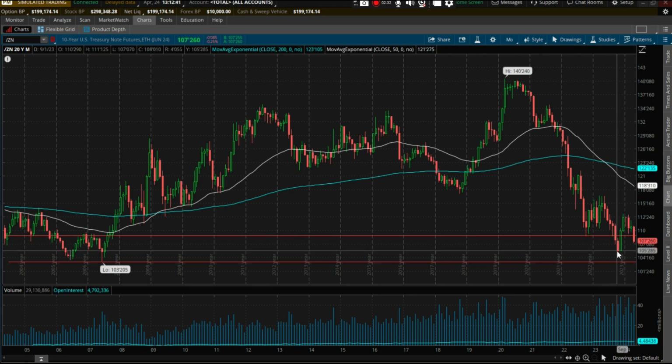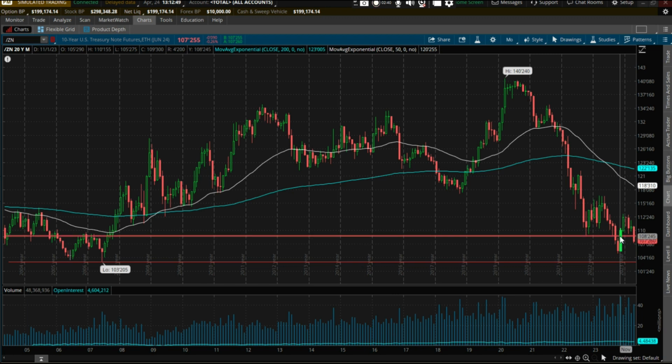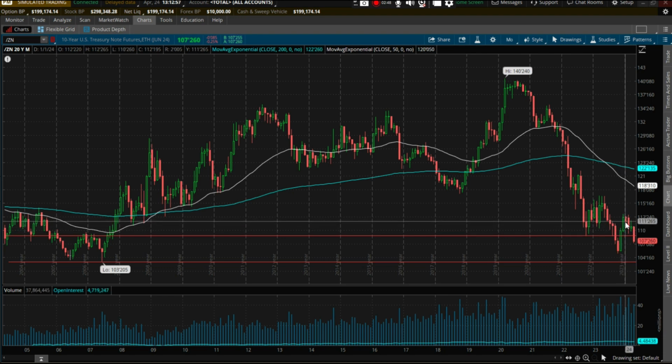And then around November of 2023, they said, hey, we're probably going to do 7 rate cuts in 2024. The market said, okay, then we're going to go ahead and raise the price of the 10-year note. And they raised the note, but rates didn't really come down. And so, since the rates stayed high, the prices of the note came down.